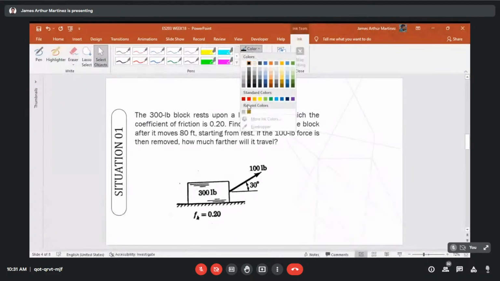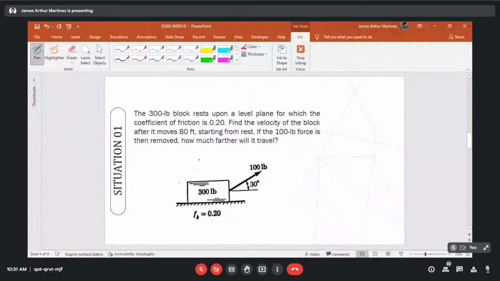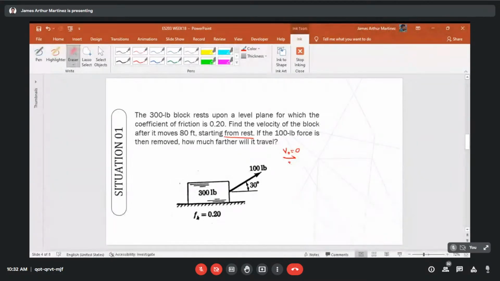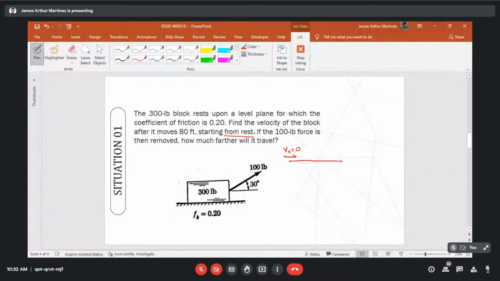If we let our object be a particle, initially it is at this point, so its initial velocity is just equal to zero since it started from rest. Then it moved 80 feet from rest.